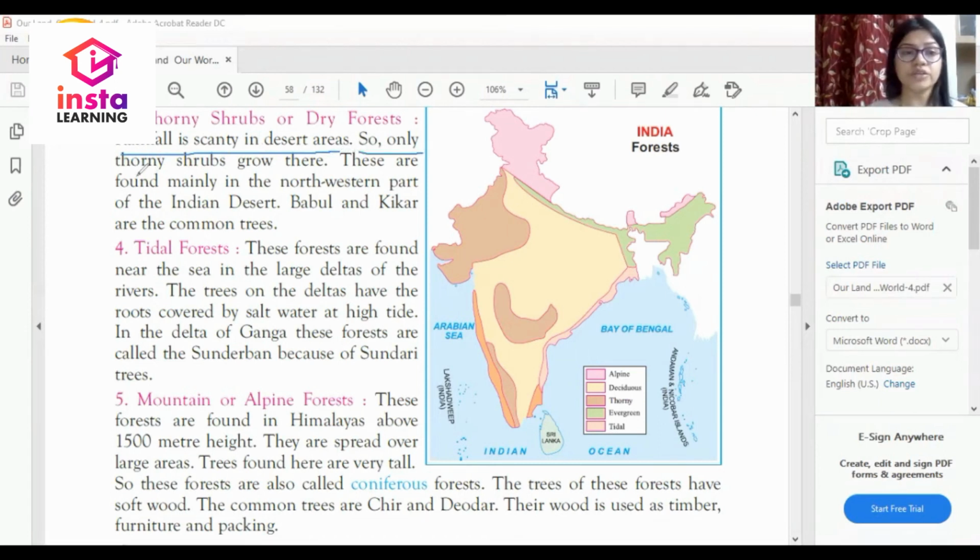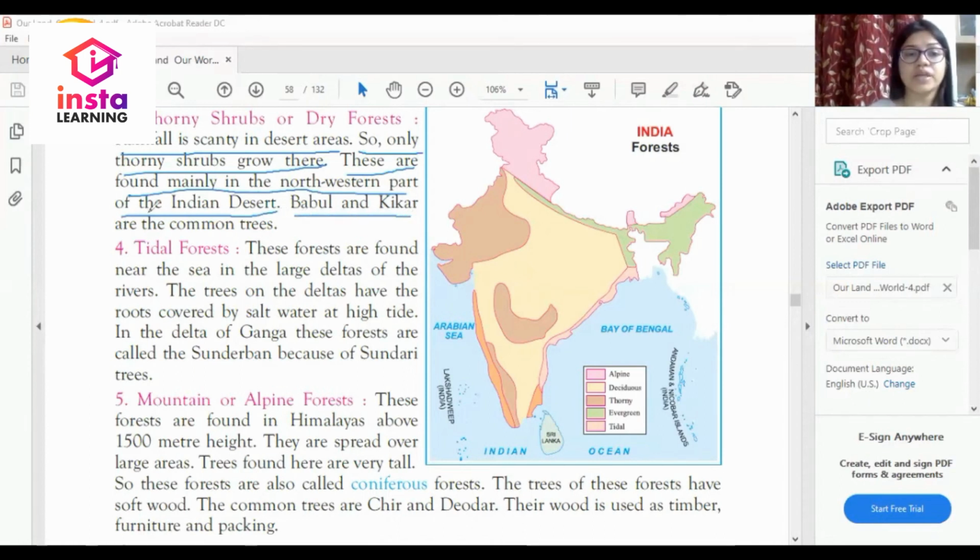So only thorny shrubs are grown there. These are found mainly in the northwestern part of the Indian desert. And where in the Indian desert are they found? Northwestern part.